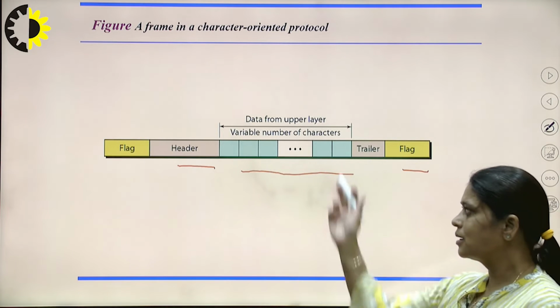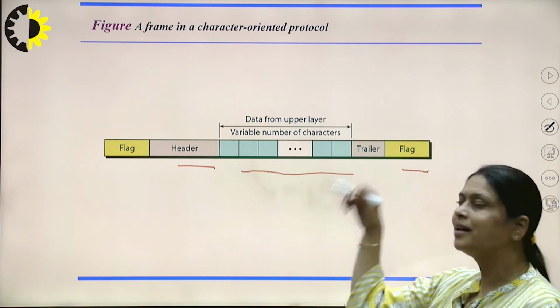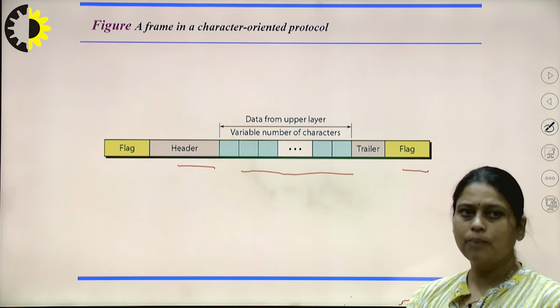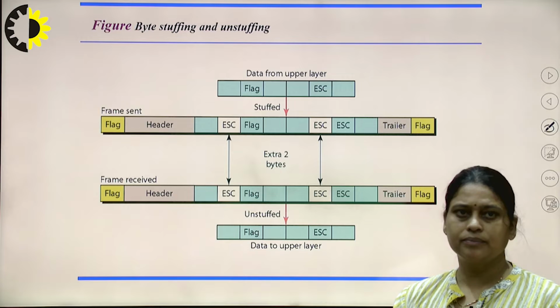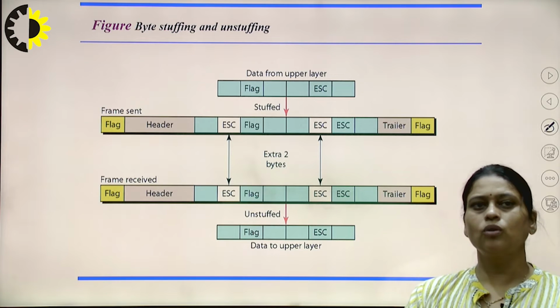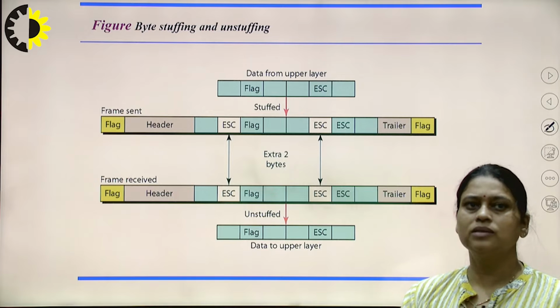So, this is the complete header format of a frame, which includes a data part as well as a header part.